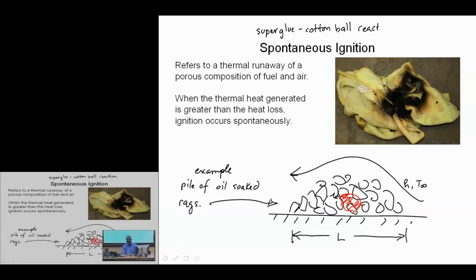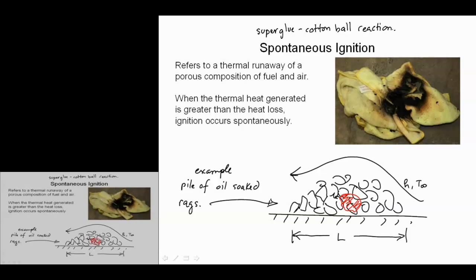A typical scenario where you might have a spontaneous ignition is where some structure is in the final stages of a renovation. The painters are there, and they've been working on, say, a Friday, and there's a long delay before they need to come back, and they clean up their painting tools and the structure using rags and some sort of paint thinner or oil.